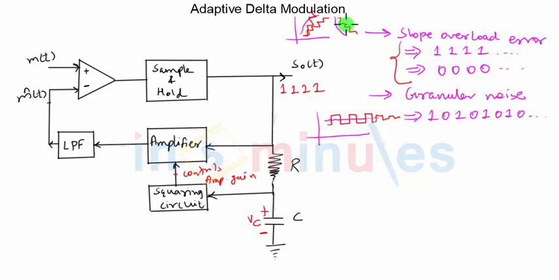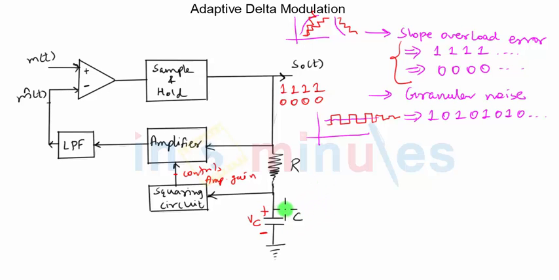The slope overload error also takes place when M of t is decreasing at a very fast rate. In this case the output will be a continuous stream of zeros. Zeros will be represented with negative voltage, and hence this time the capacitor will charge, but it will charge to the negative voltage.